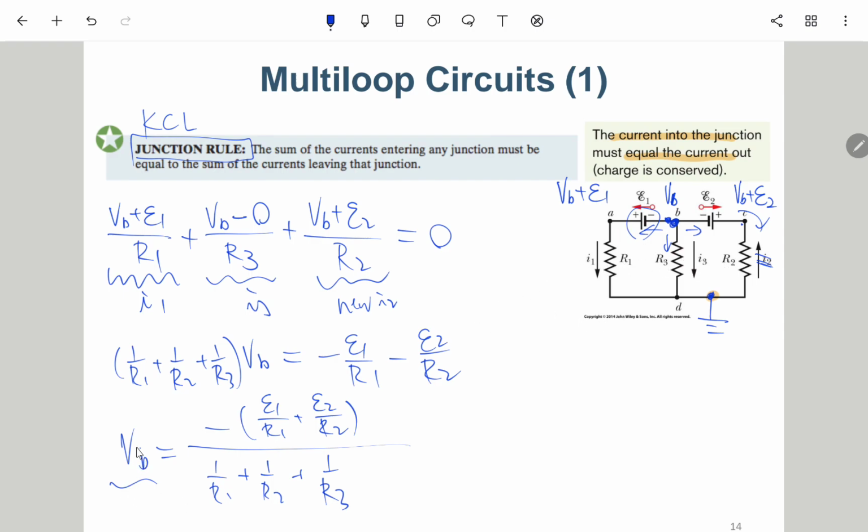By substituting VB back to here, this is I1. By substituting VB back to here, this is I3. By substituting VB back to here, it is the new I2, or the negative old I2. So this is the idea of using KCL. Okay, so let's have a 10 minute break.